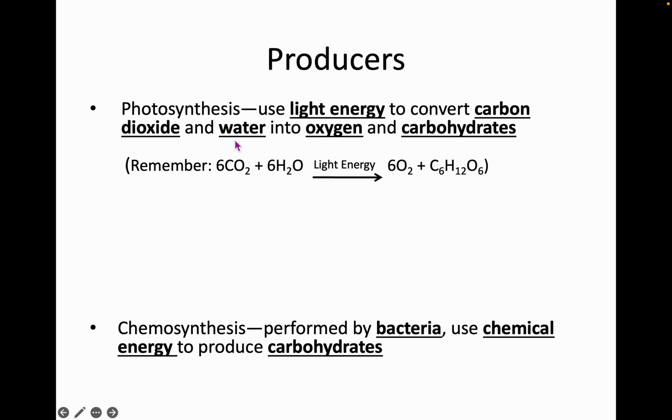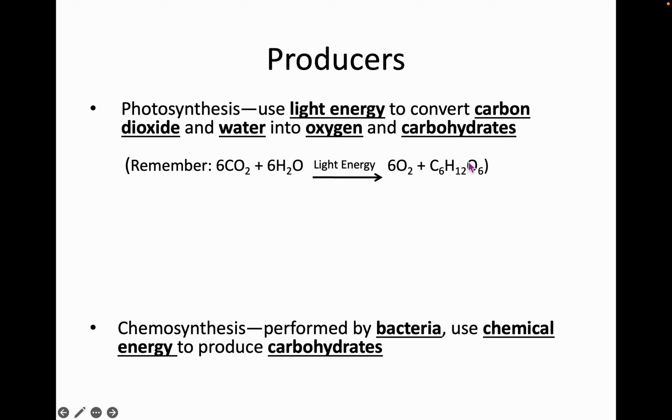Okay, producers use photosynthesis, which is using light energy to convert carbon dioxide and water into oxygen and carbohydrates. So here's our equation for photosynthesis. Hopefully you've seen this before. Carbon dioxide plus water using light energy gives us oxygen and sugar.